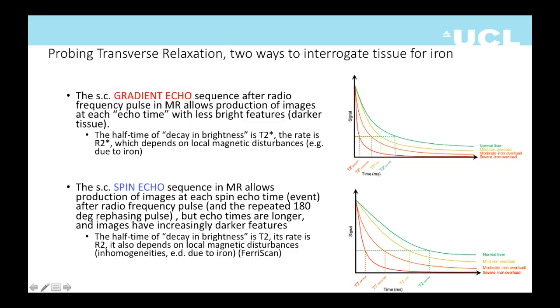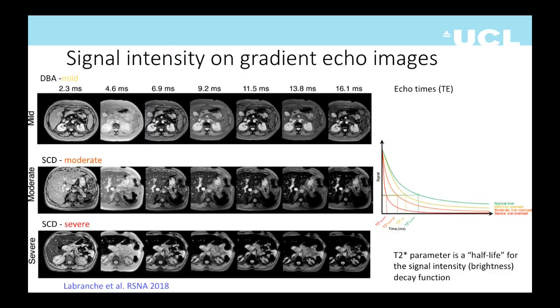Essentially, on spin echo sequence, images will darken at each echo, either faster and then they have a shorter T2, or less fast and they have a longer T2. So this is generally the principle of how iron is measured, because the speed with which images darken is related to the T2 star value.